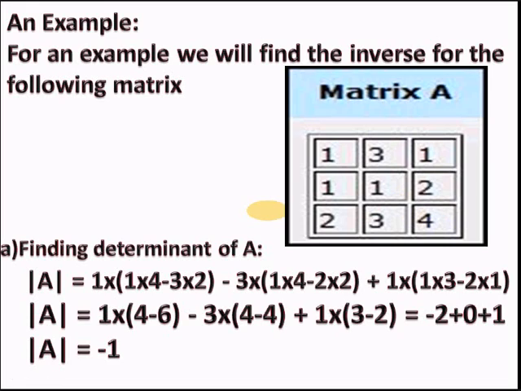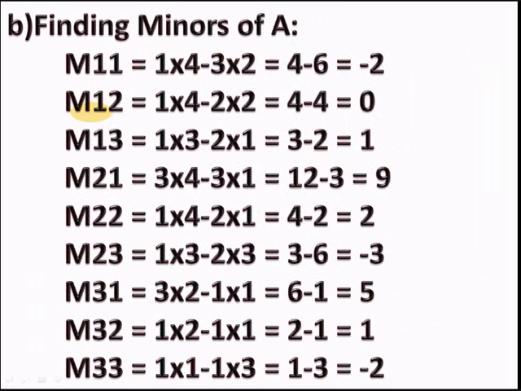In case of the determinant, we multiplied the value with this element 1, but in case of minors, we have to leave this element also along with this row and column. We have to take only the rest of the elements, that is 1, 4, 3 and 2. Similarly, M12 is for the second element.